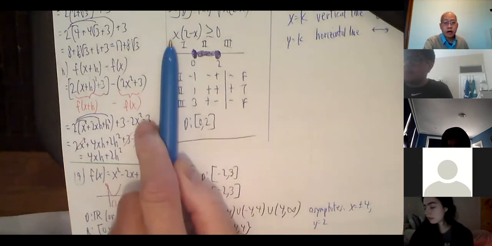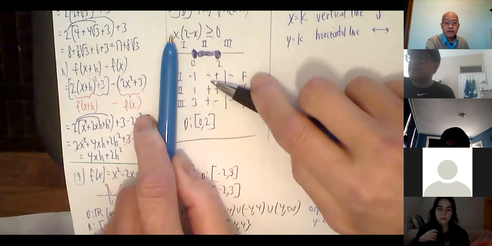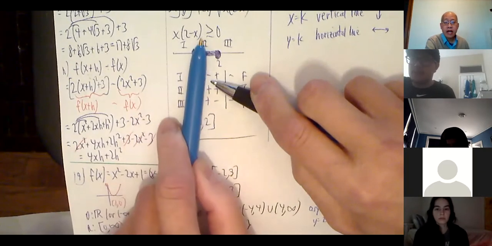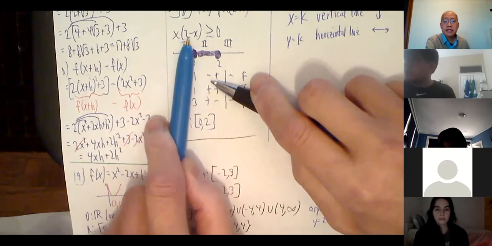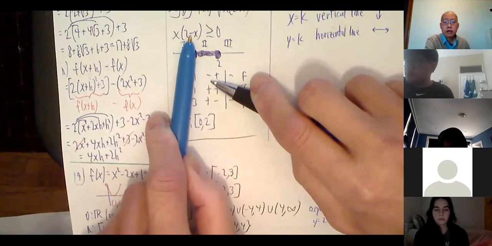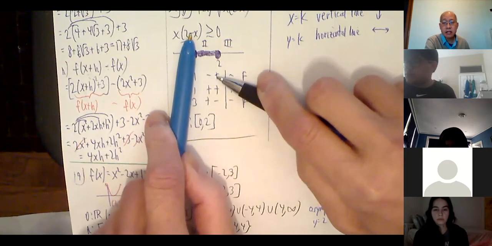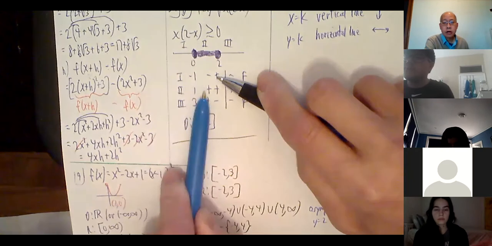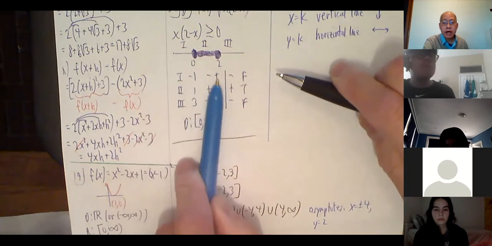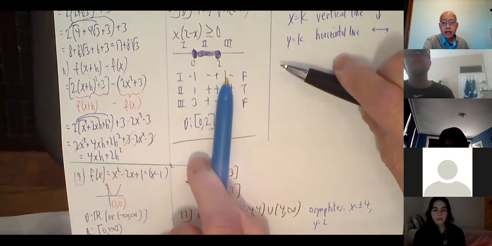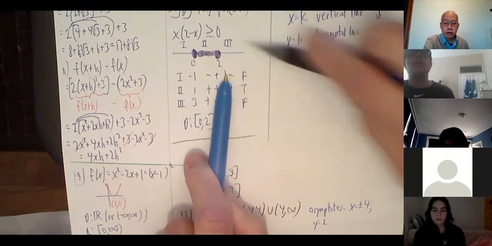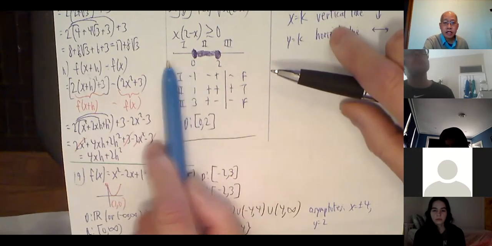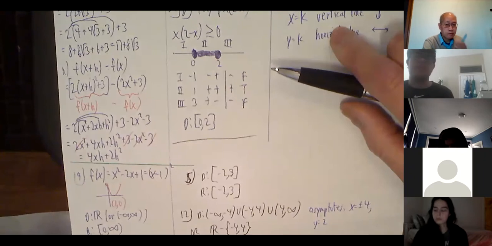So put -1. -1 is negative. Put -1 here: 2 minus a -1 is a positive. So that's going to give me a negative times a positive, which is negative. Is a negative greater than or equal to 0? No, that's false. So I do not shade in region 1.